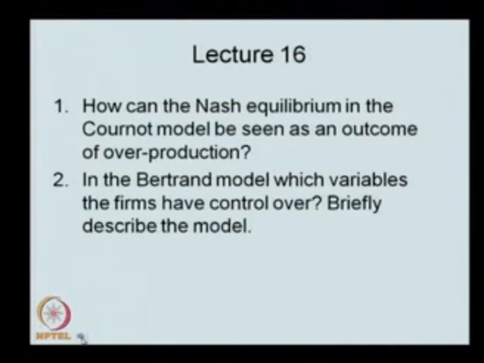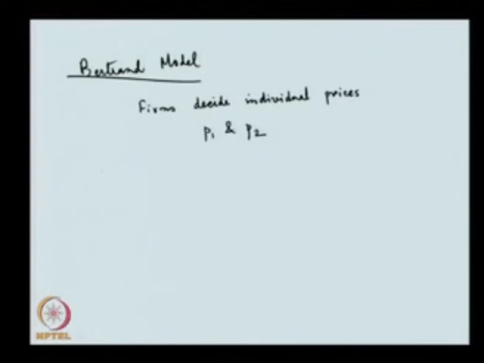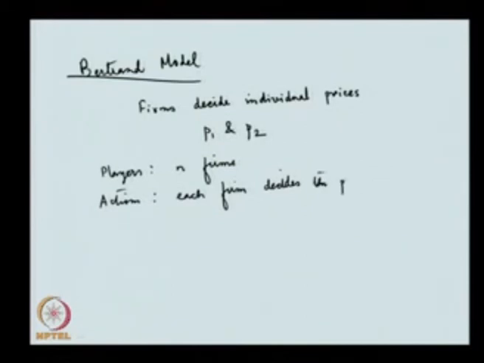Briefly describe the model. So, in terms of game theoretic language, there are n firms, suppose, which are the players. Actions: each firm decides the price, which is a non-negative number, and payoff.